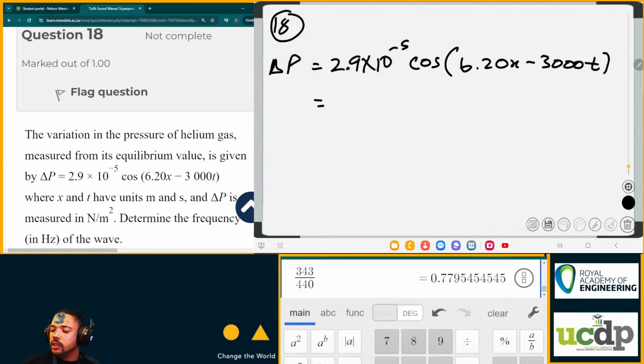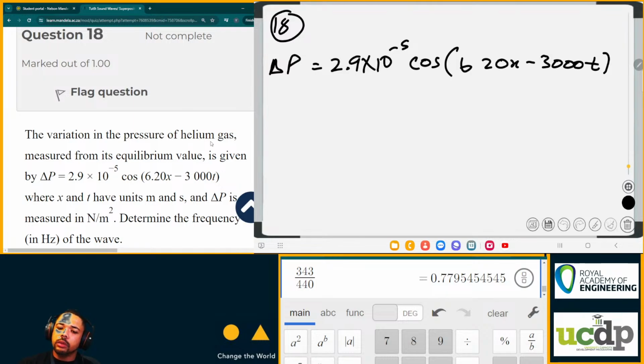So that is the variation in pressure of helium gas measured from its equilibrium value, and they tell us that the distance x and the time t are in meters and seconds respectively, and that this variation in pressure is measured in newtons per meter squared.